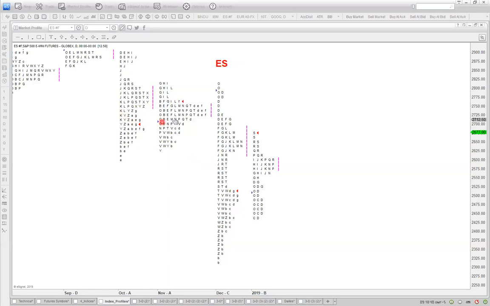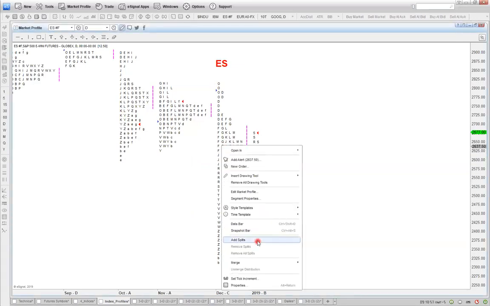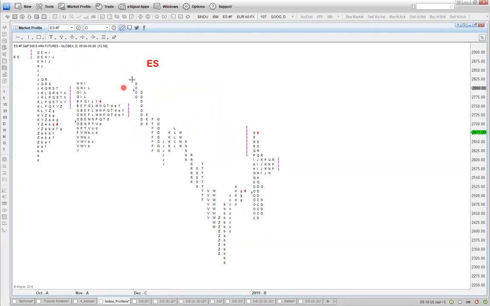So this is October, this is November, this is the December auction, and this is the January auction to date, chronologically defined by months. So if I split out December, you can see that each individual letter is a day of trading.